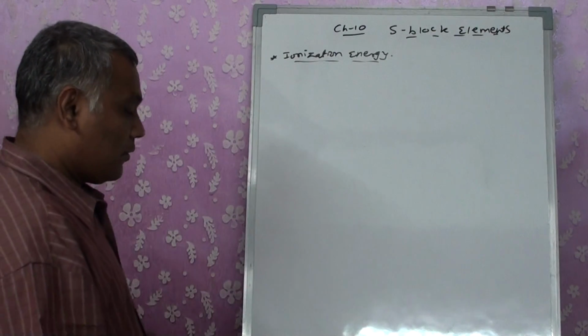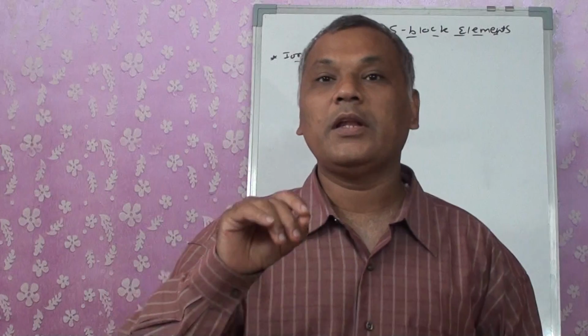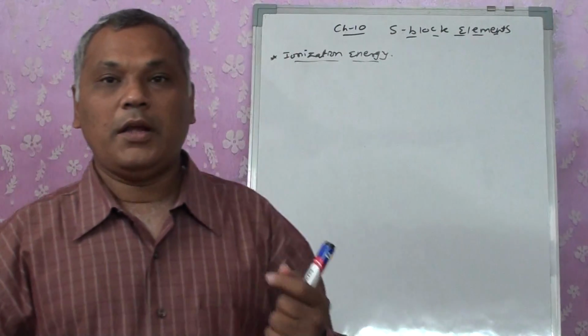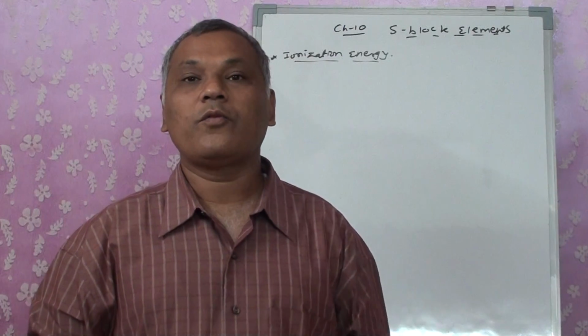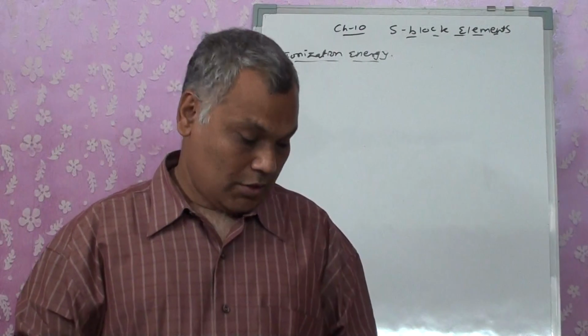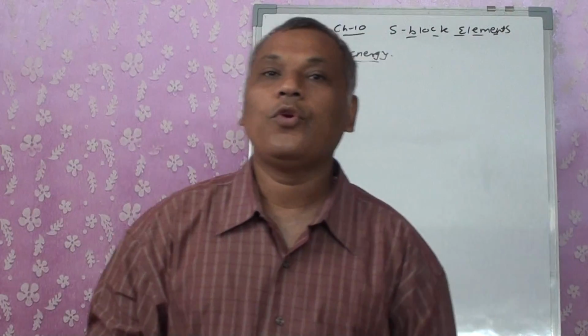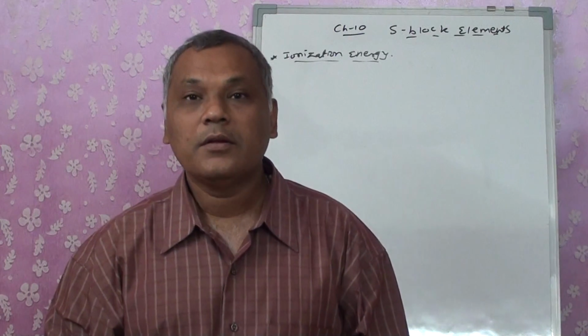Okay, let's see what ionization energy is. Ionization energy means the amount of energy required to remove the electron from its outermost orbit, right? Now if the attraction is more, the energy required will be more. If the attraction is less, the amount of energy required will be less.